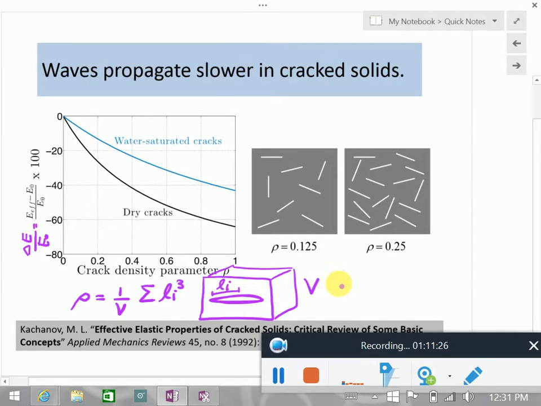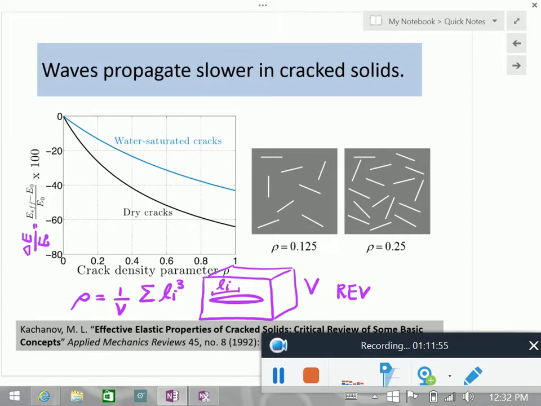It is typically called the representative element volume. And that's what crack density means in this equation. Now, whether this is good, this is something people have used historically to explain the concentration of cracks. If it is good or bad, that is to debate, but that's what it means.